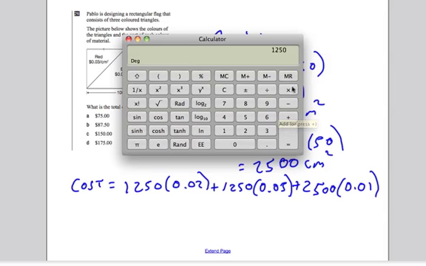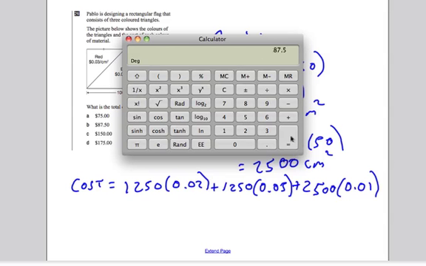$1,250 times 0.02, so $25 for the green area, and 1,250 times 0.03, and it was $37.50 for the red area, plus 2,500 times 0.01 is going to be 25 when you do it on your calculator, so plus 25.